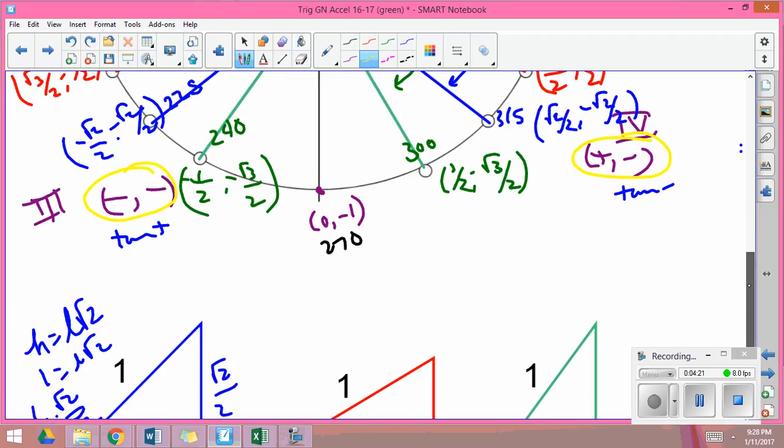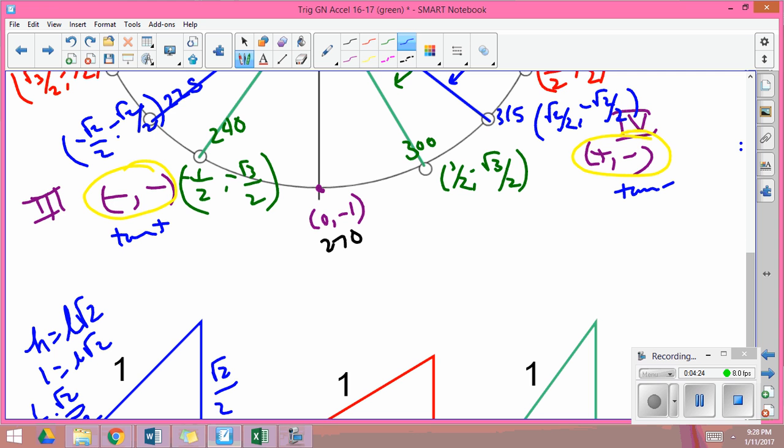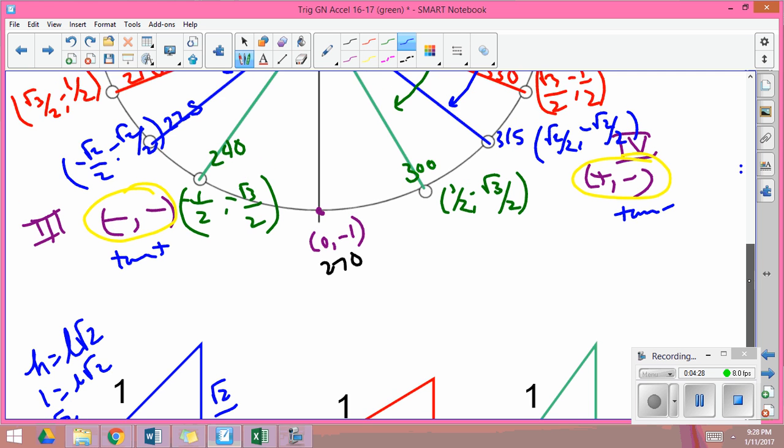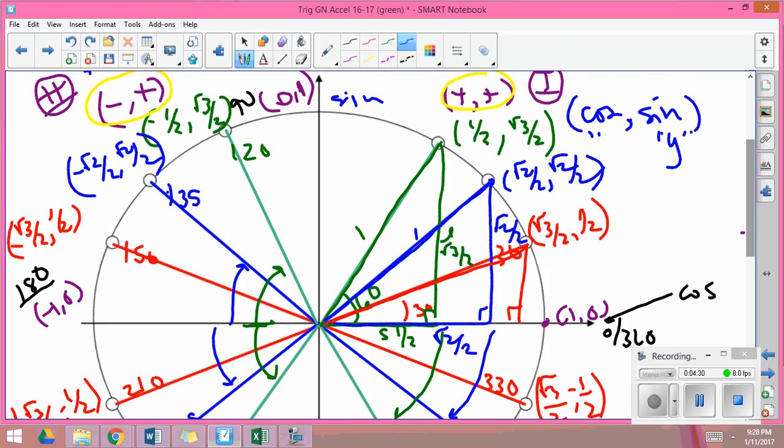Let's just take a minute and quickly look at a couple of tangent values. So if we are talking about the tangent of 30 here, remember tangent is sine over cosine, and so we have 1/2 over the square root of 3 over 2.